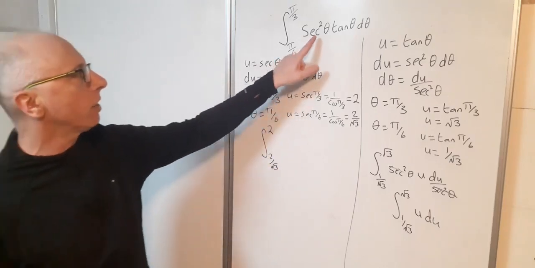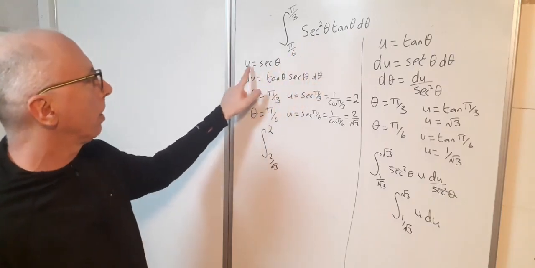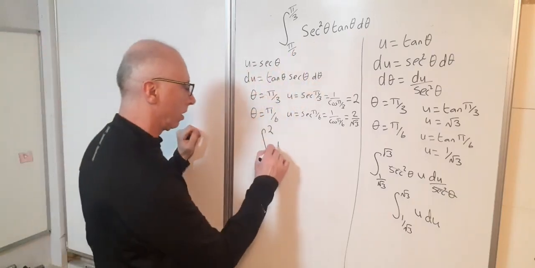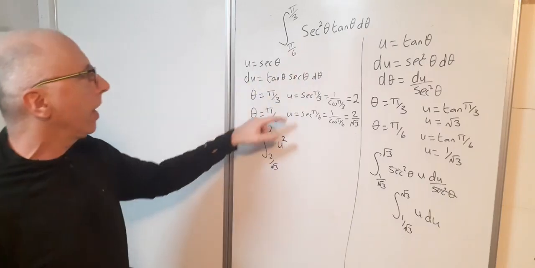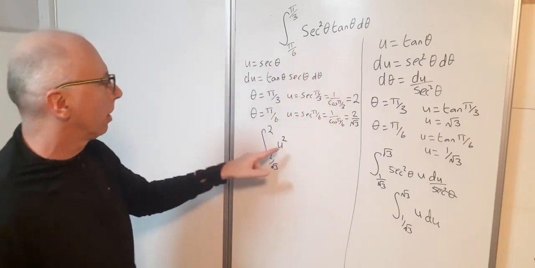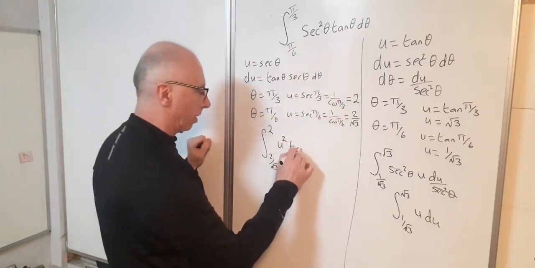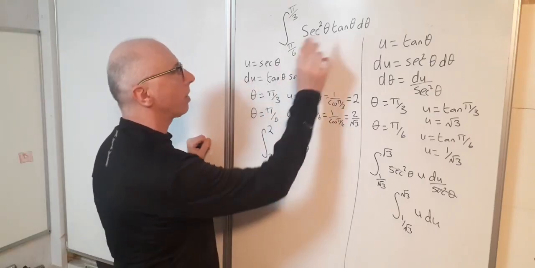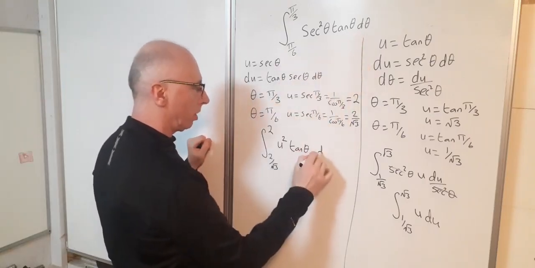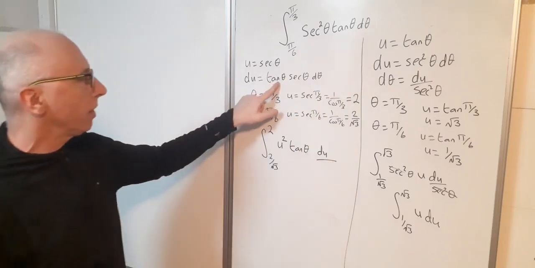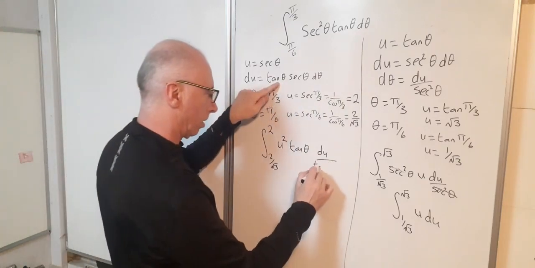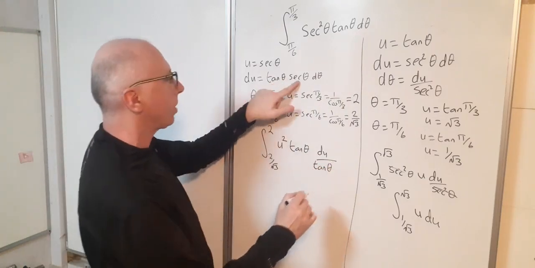And then let's look at our integrand. Secant squared theta, well that's just u squared. And then tangent theta, let's put that in. And then our d theta becomes du over tan theta secant theta.